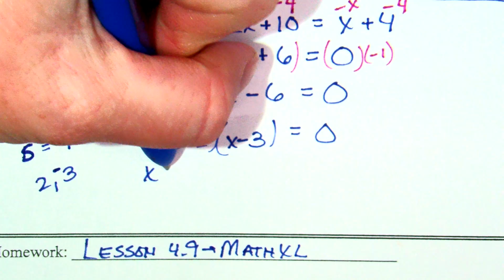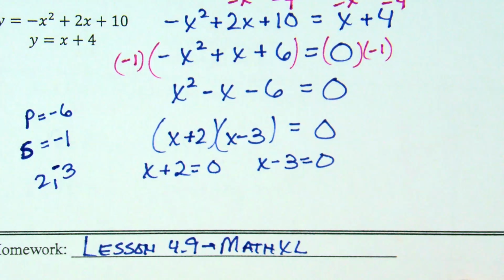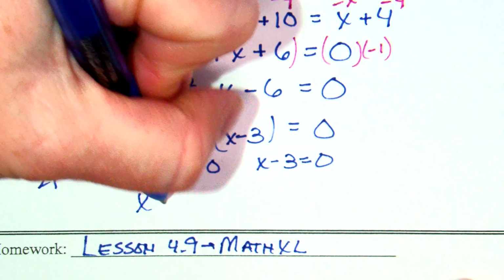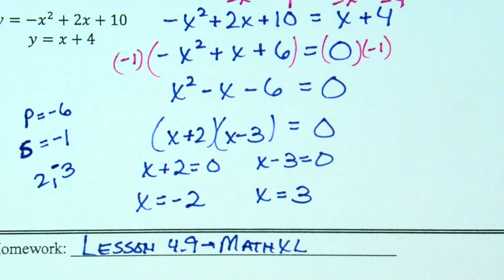Okay. Set each part equal to 0. And when I do that, what x values do I get? Negative 2 and 3. Am I done?